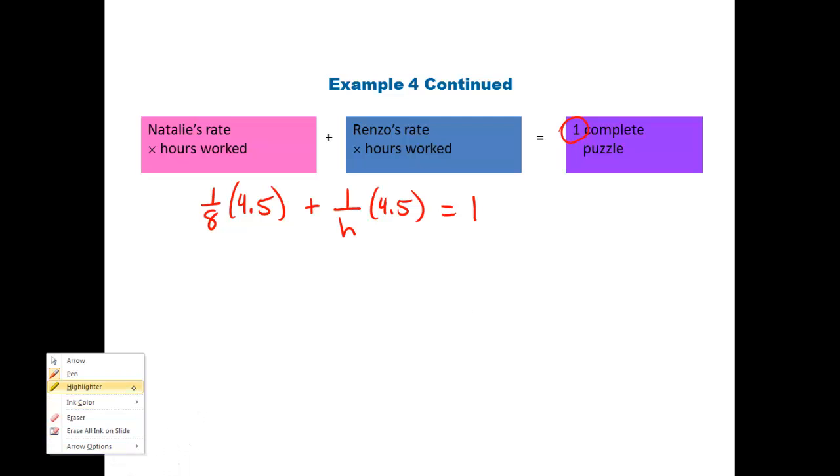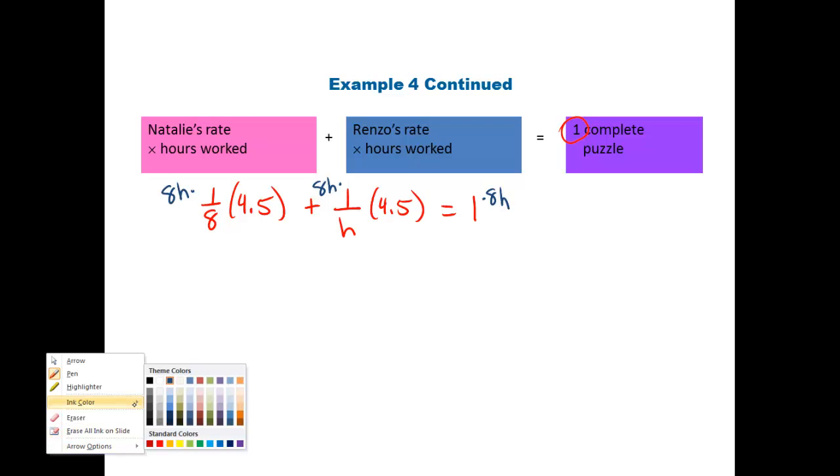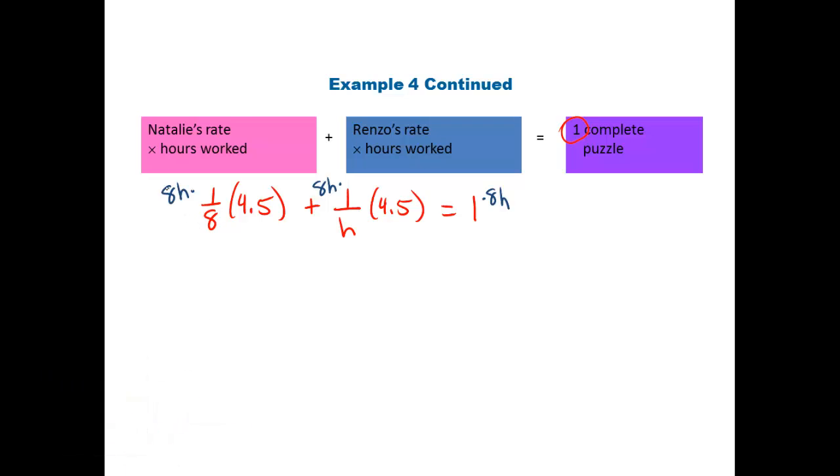LCD. And the LCD is 8H. So we're going to multiply everything by 8H. All right, let's see. The 8's going to cross out here. 4.5H plus.